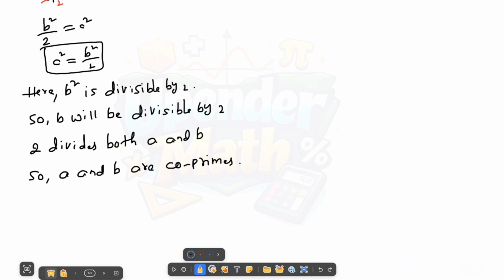So this is a contradiction to our assumption. We have assumed that a and b are co-prime numbers, but here a and b are not co-prime numbers. So our assumption is wrong.